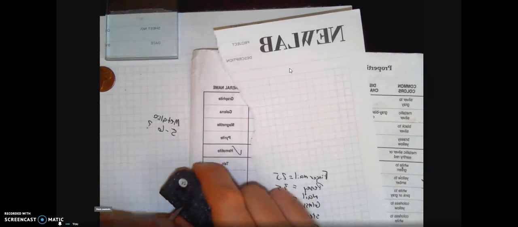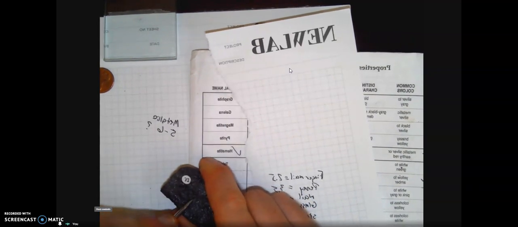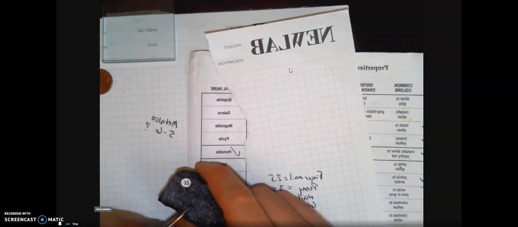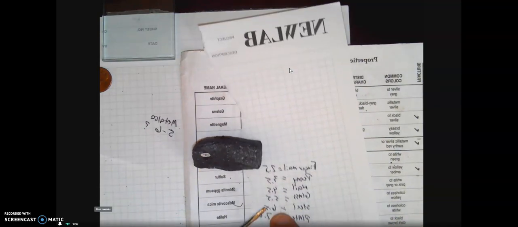Yeah, I don't know how good that's coming up on the camera, but I am definitely able to leave quite a scratch in there. So, in fact, I'm breaking pieces of it off. So I know that this specimen right here, number 32, is definitely softer than steel. So steel is 6.5. So it's definitely somewhere between 5 and a 6.